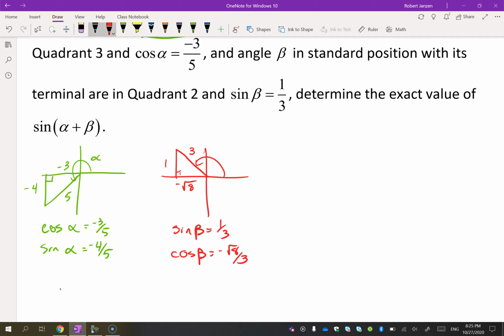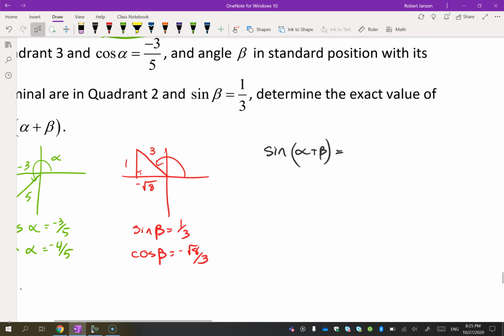And now it says, what is sine of alpha plus beta? Well, we know this formula. Look on our formula sheet. You would say sine alpha cos beta plus cos alpha sine beta. And each of these has a value that is given to us.